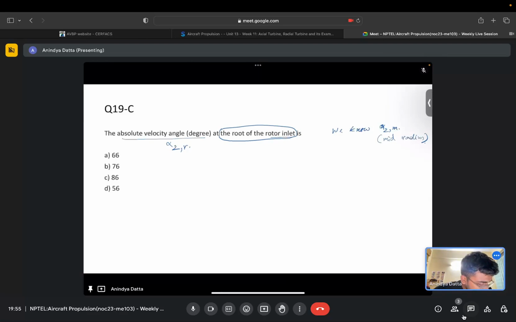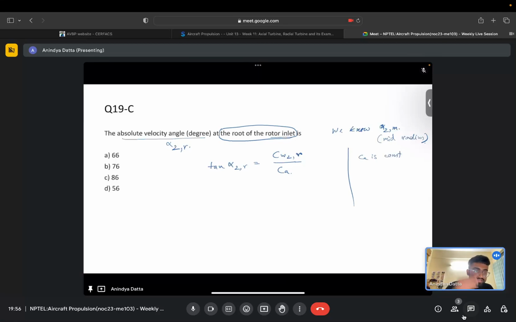If we draw the absolute velocity triangle, we know that tan of the absolute velocity angle is equal to the whirl velocity component divided by the axial velocity. We know that axial velocity is constant.